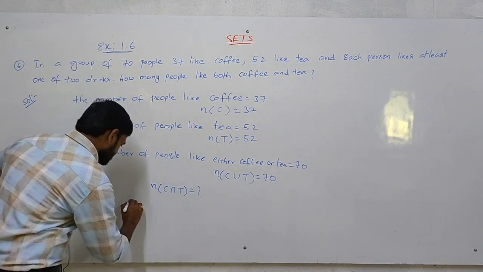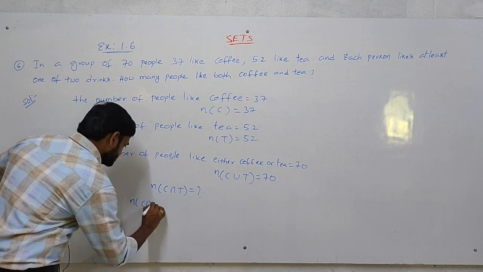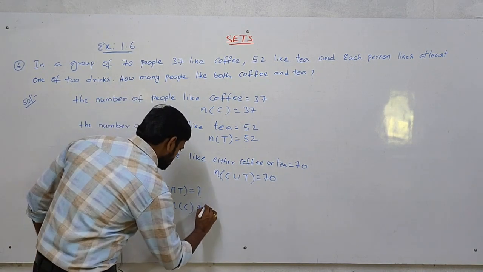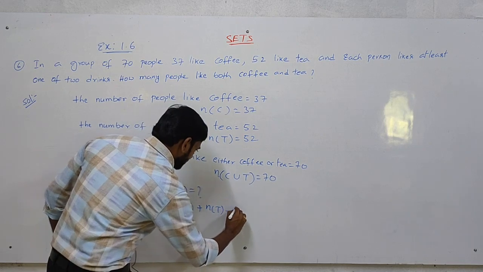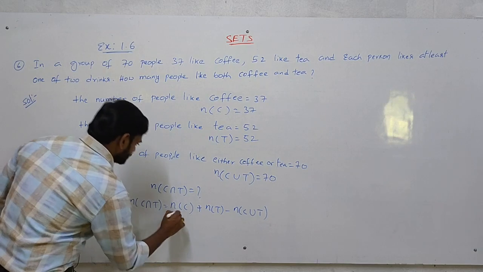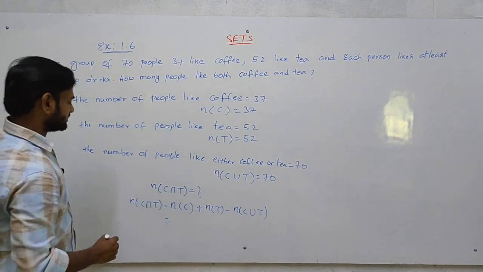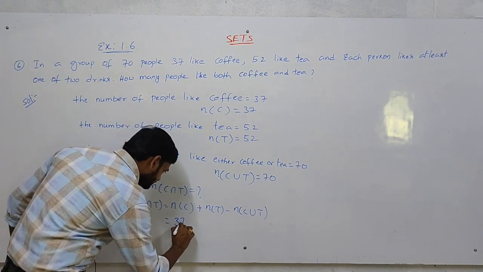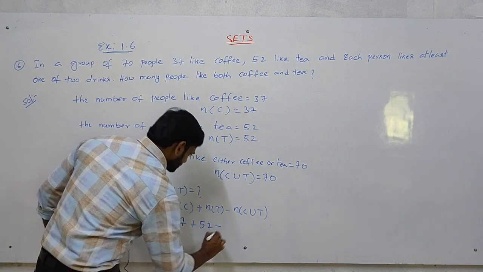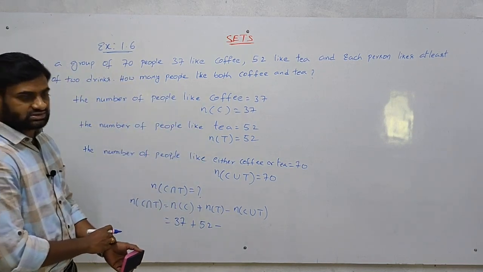So we have the formula: n of C intersection T equals n of C plus n of T minus n of C union T. So n of C is 37, plus n of T is 52, minus n of C union T is 70.